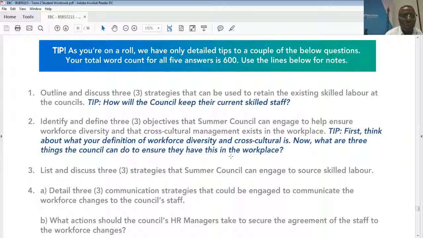And so to get there, those 3 things that can be done to ensure this, we'll probably maybe have a diversity policy, right? And what will that policy entail? That policy will really be encouraging heads of department to go out there and employ people that reflect the diversity of their customers.